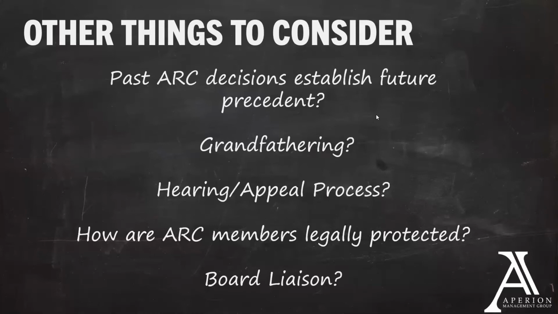So grandfathering is obviously if there's a change in the design guidelines, you made that mistake and now you want to change the guidelines for hot tub screening or paint schemes or whatever it is. Everything that came before that change in your guidelines and your review process is going to be grandfathered in.